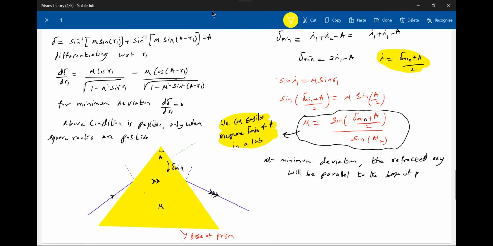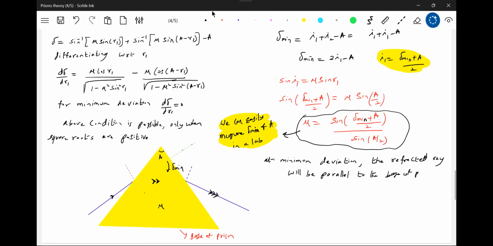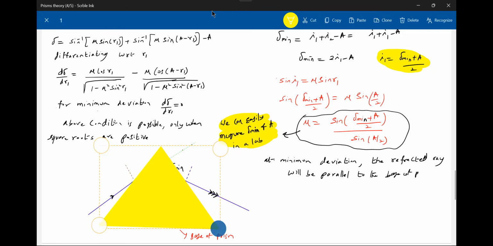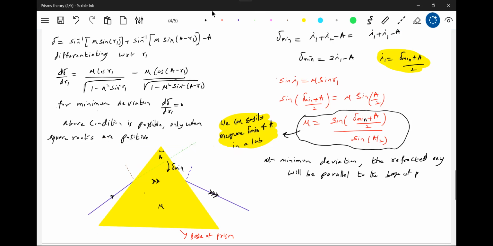Yes, this was our diagram. These two will be symmetrical. The incident ray and the emergent ray will be symmetric. The emergent ray will be symmetric to the incident ray.